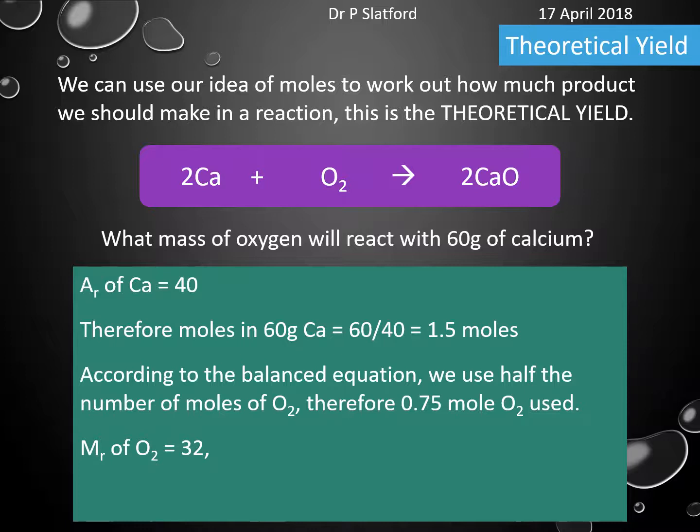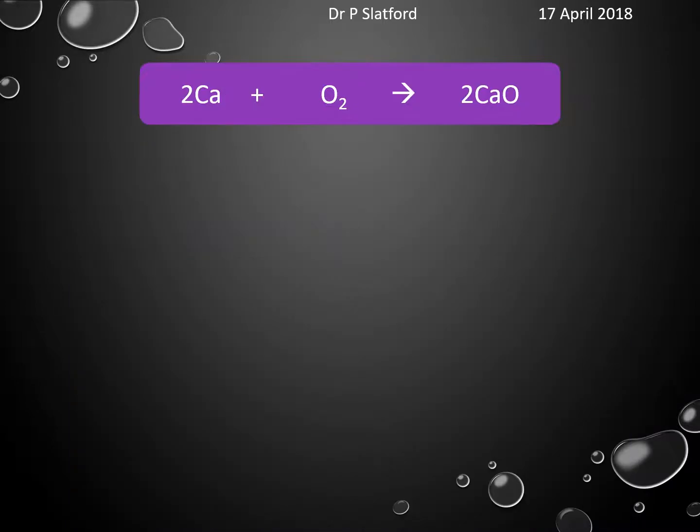The relative molecular mass of O2, because there are two oxygens in there, is actually 32. And then if we work out the mass of oxygen here, it's 32 times 0.75, which equals 24 grams. So 24 grams of oxygen is going to react with calcium.